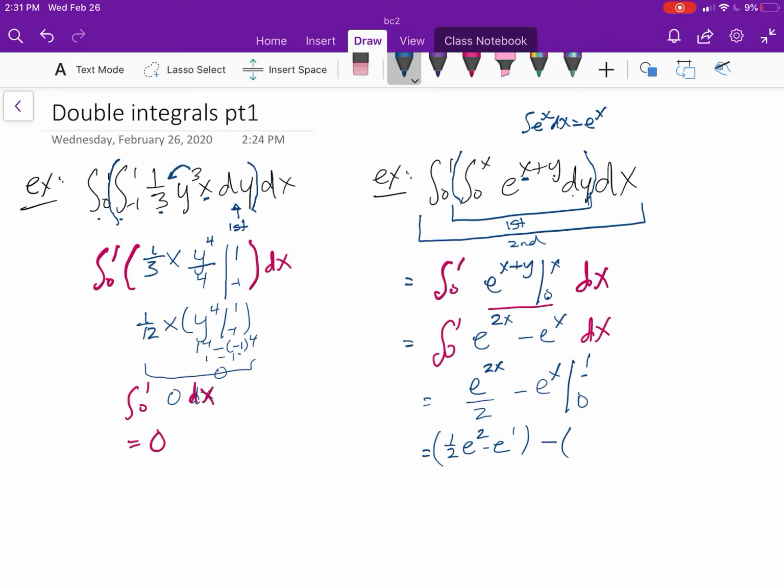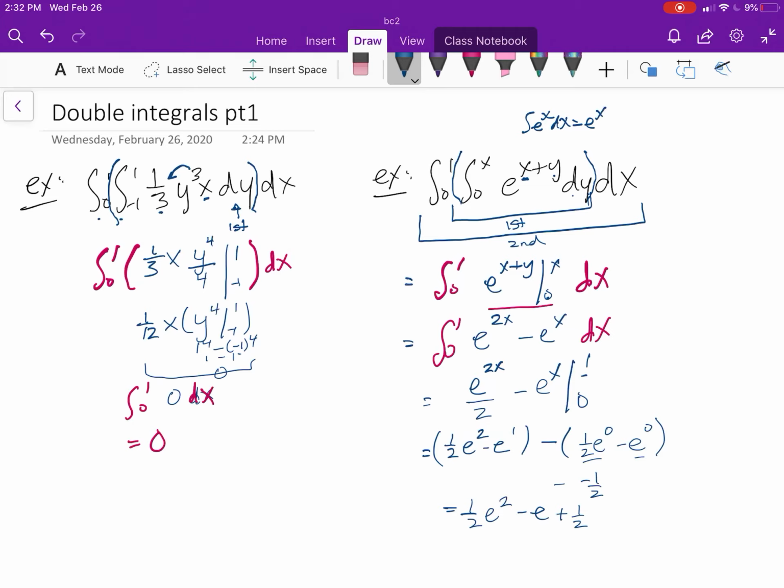Okay, substitute 0, we'd have e to the 0 over 2, which we know e to the 0 is 1, minus e to the 0, again 1. So this is 1/2, subtract 1, that's a negative 1/2, but then I have a negative out front. So all in all, it becomes positive 1/2. So 1/2 e squared minus e plus 1/2.